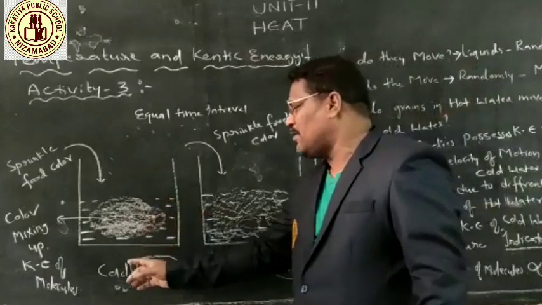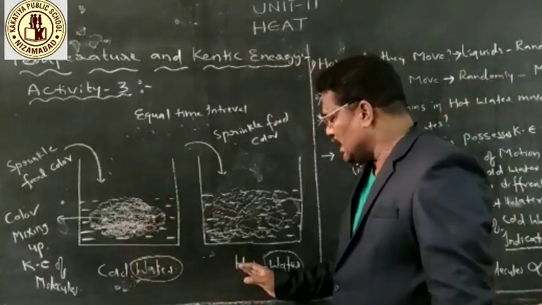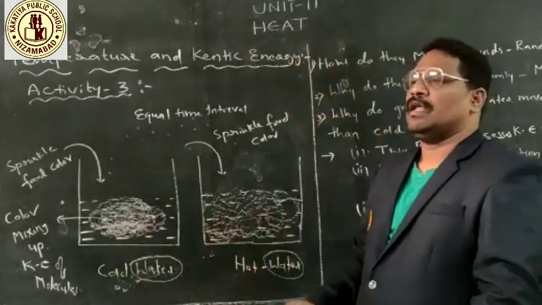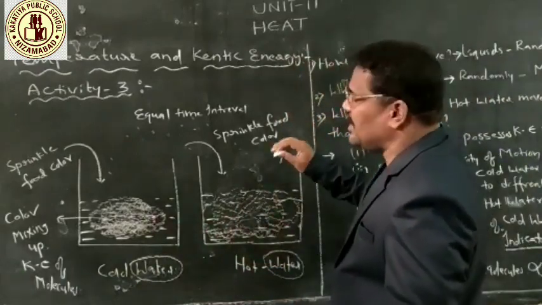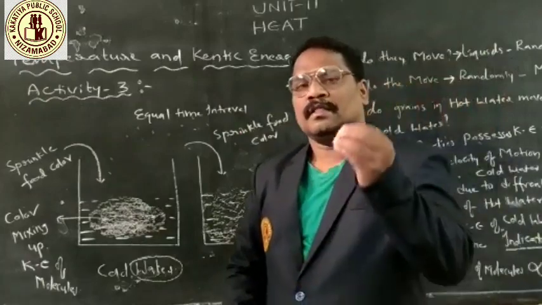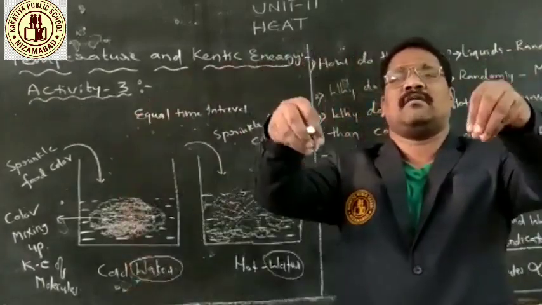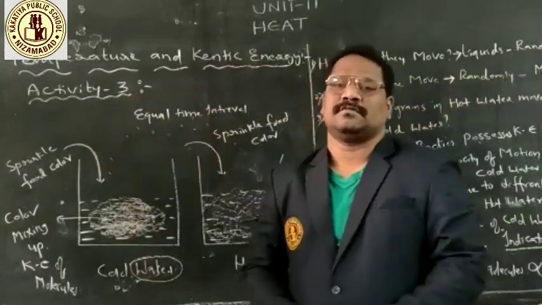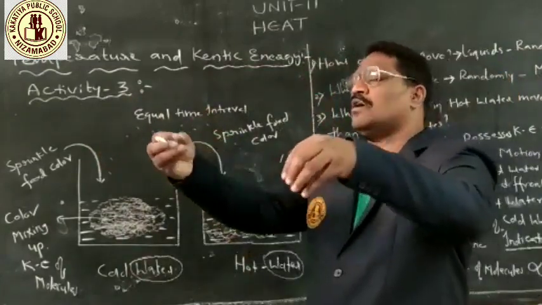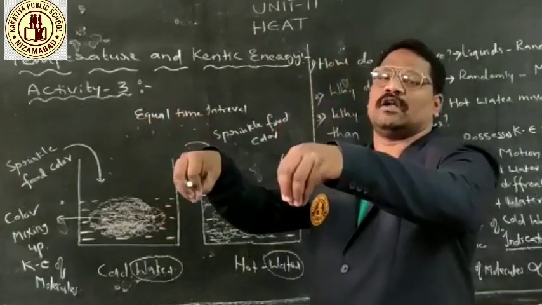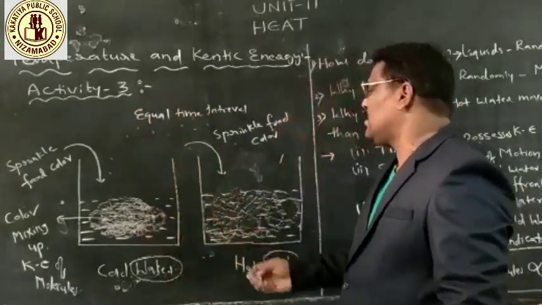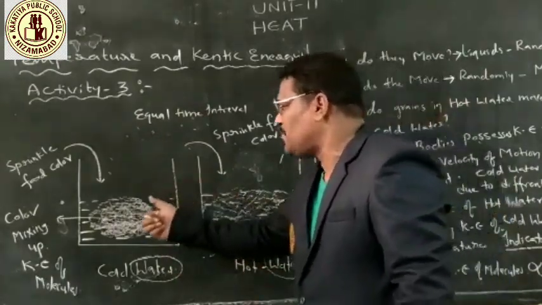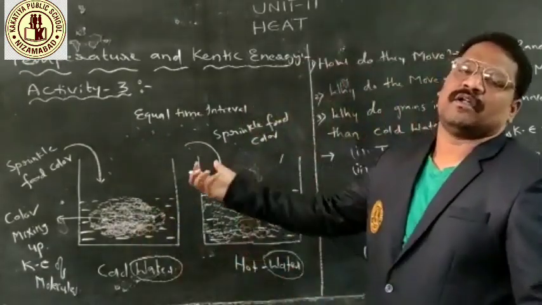But in one beaker I have taken cold water, and in the other beaker I have taken hot water, of equal quantity, where the water temperature is a little higher. Then, at the same time, I add food color by sprinkling it into those two waters. One is cold water, the other is hot water. Then what we can observe is how the food color mixes with the water molecules.